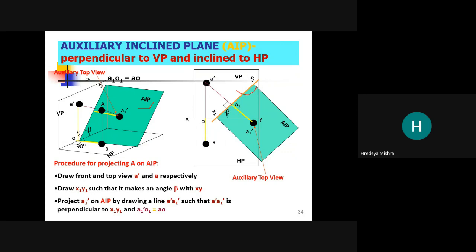Now draw a line A dash A1 dash such that A dash A1 dash is perpendicular to x1 y1 and A1 dash O1 dash is equal. So what we can see here, this is an equal line. So we can represent this same point in the auxiliary inclined plane and auxiliary vertical plane.